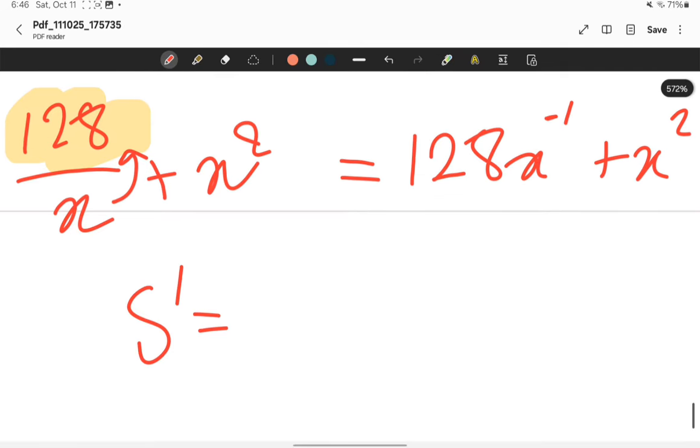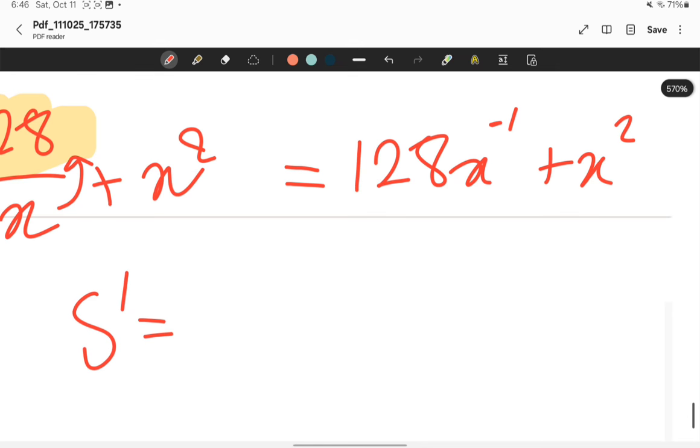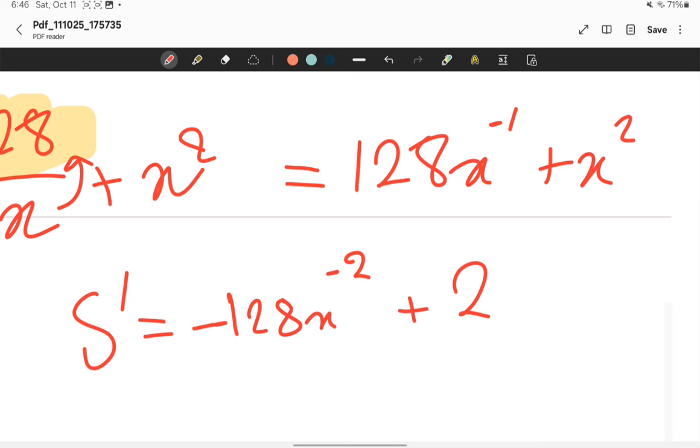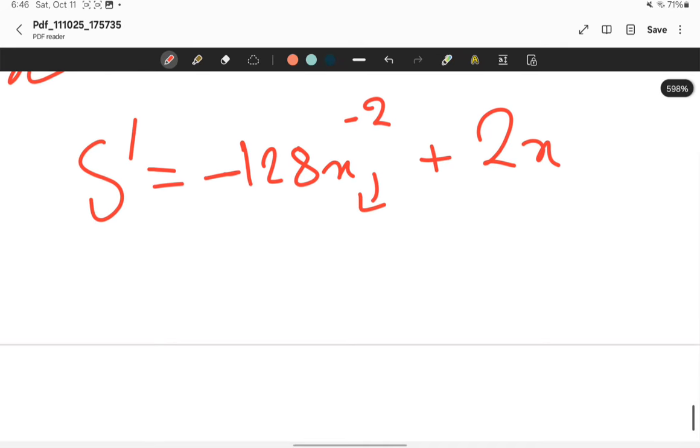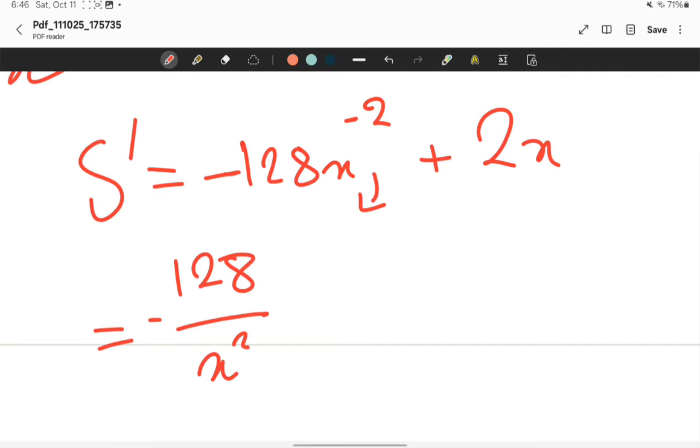So s prime is going to be minus 128 times x to the minus 2 plus 2x. Now this x is negative, so we'll bring it down, so we get minus 128 over x squared plus 2x.